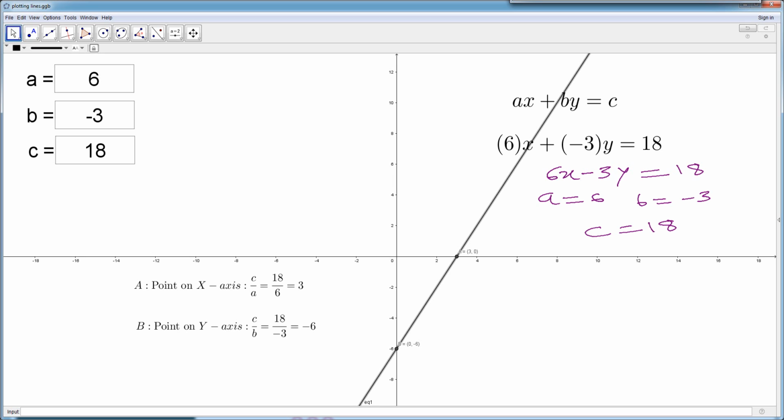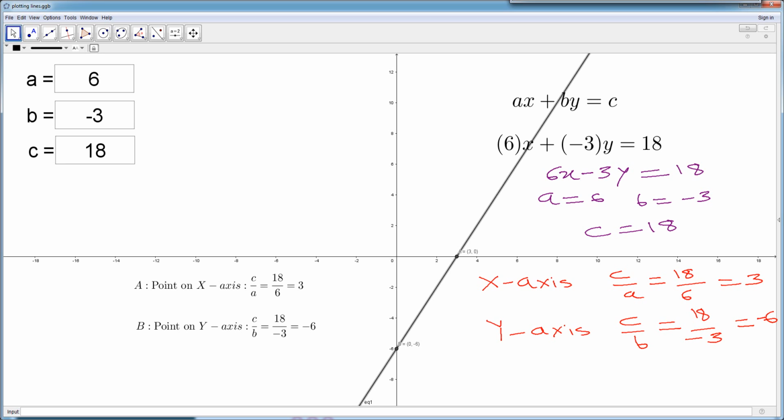In order to plot this line, we need a point on the x-axis. The point on the x-axis is given by c upon a. Its value is 18 upon 6, which is equal to 3, and the point on the y-axis is given by c upon b, and its value is 18 upon -3, which is equal to -6.